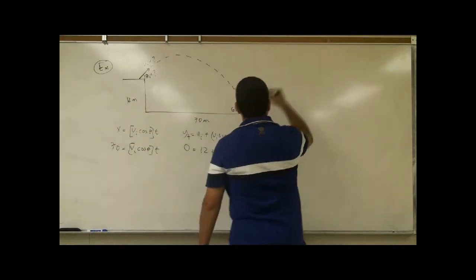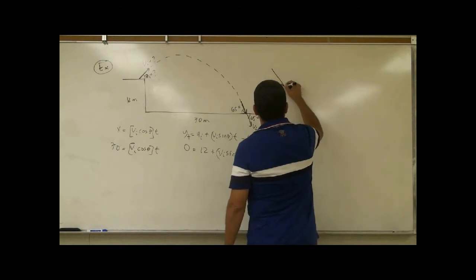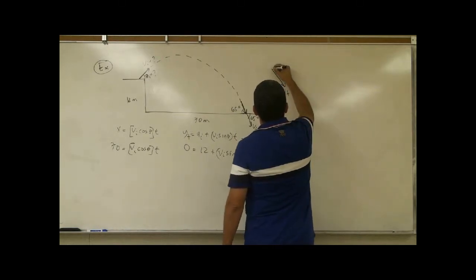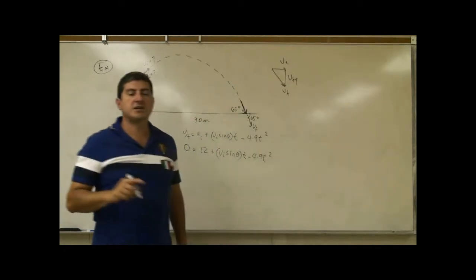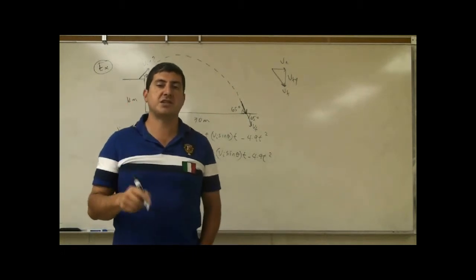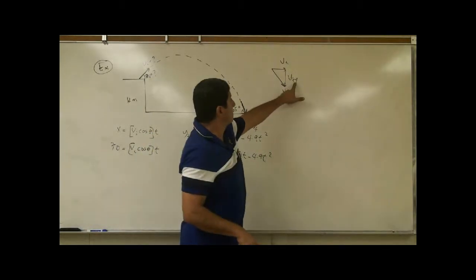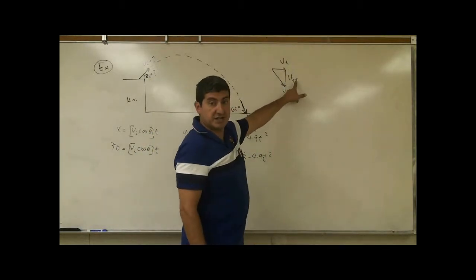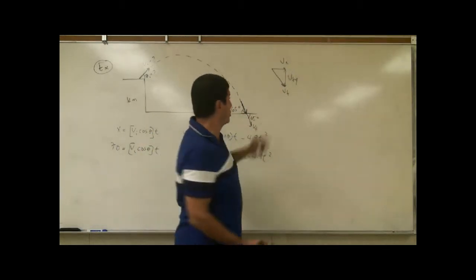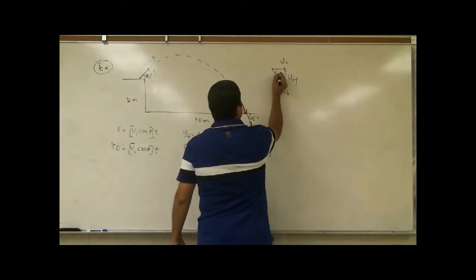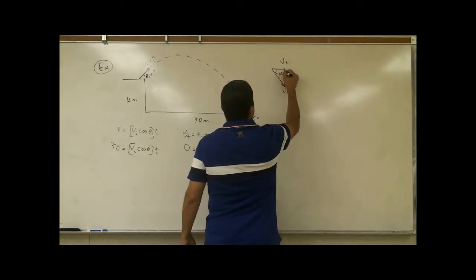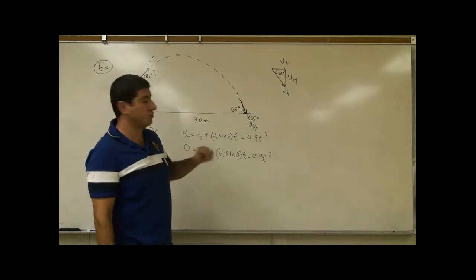So what we're going to do is analyze the final velocity, V final. This is Vx. This is V final y. We know that the x component of the velocity, if you ignore air friction, does not change. The final component of the velocity, the y component, does change. This angle is negative 65. That's the information we're given, right?